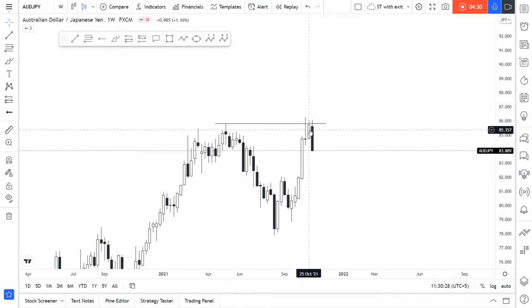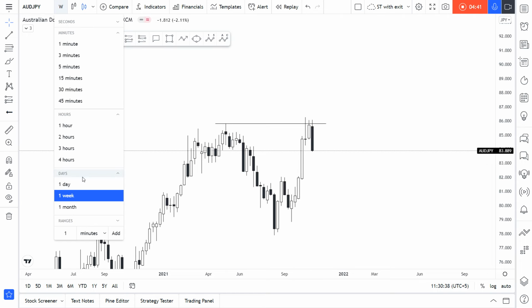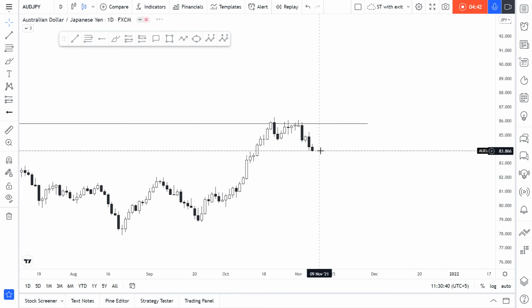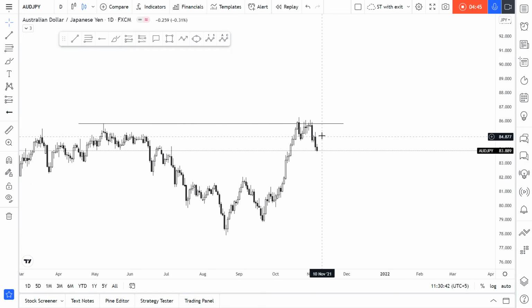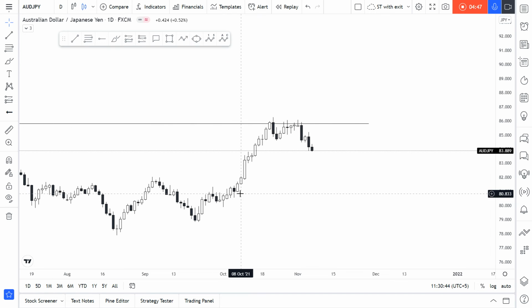The price couldn't break up those highs for 3 weeks, and finally we got a very strong bearish engulfing pattern over here. And next week is definitely going to be bearish.